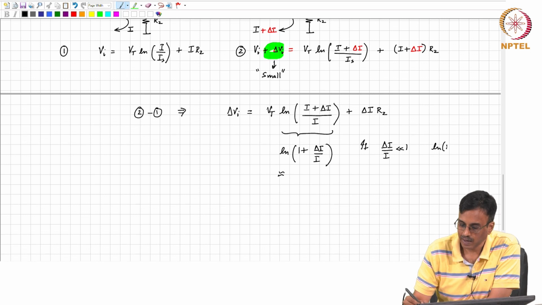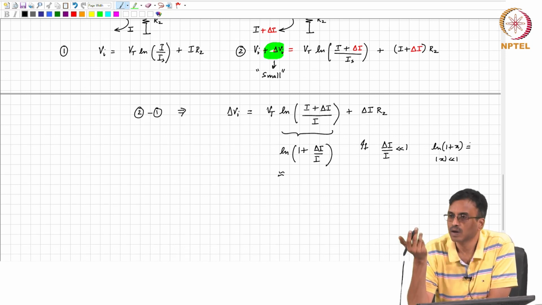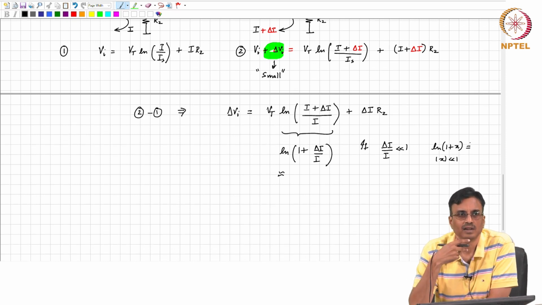ln of 1 plus x for mod x much less than 1 is what? I mean, ln of 1 plus x for x equal to 0 is equal to 0, but for small x, where x is very small compared to 1, what is it? Y is equal to x. People, 2 years of COVID has wiped out your memory also?